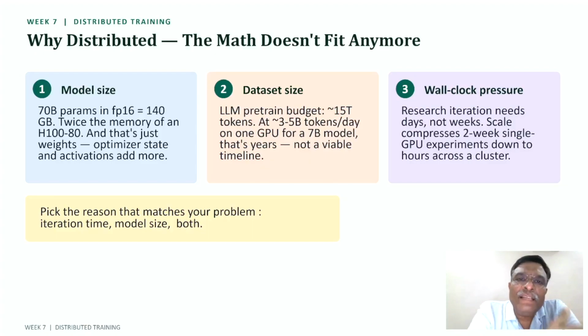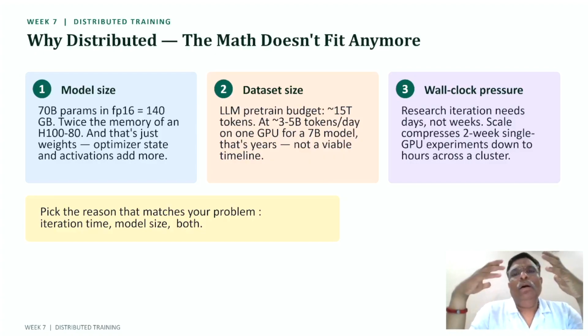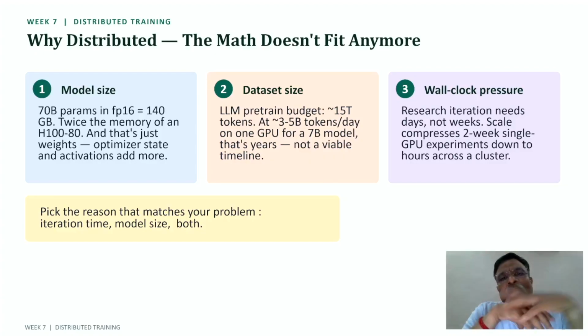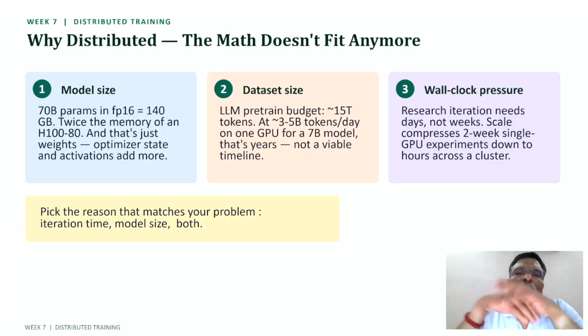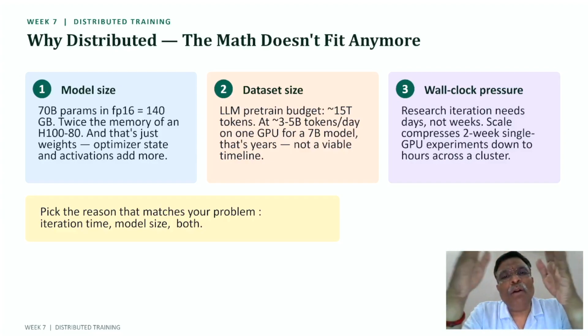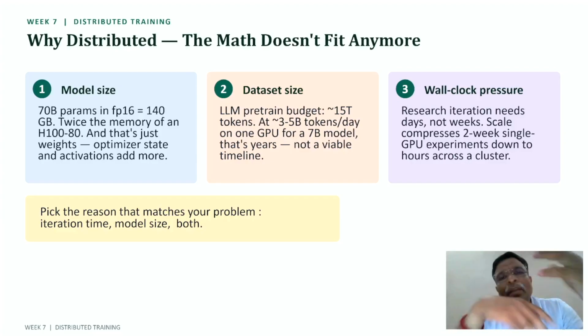The dataset size is also increasing. Let us say the LLM pre-training budget for an application is somewhere near 15T tokens. That basically means, at about 3 to 5 billion tokens per day on one GPU for a 7B model, the time required to do the training is basically in years.